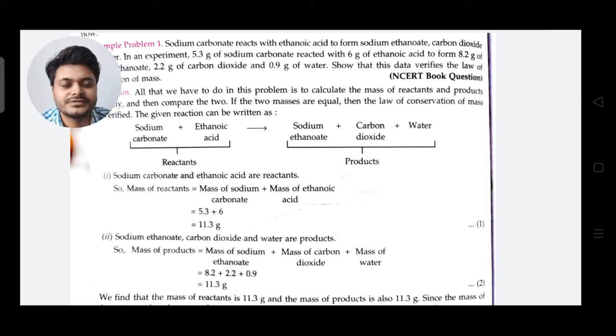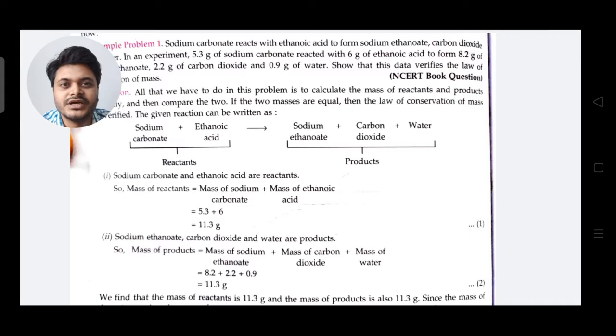We'll find out the mass of reactants first. Sodium carbonate plus ethanoic acid are reactants. So mass of reactants is equal to mass of sodium carbonate plus mass of ethanoic acid. According to the given question, 5.3 gram plus 6 gram is equal to 11.3 gram.